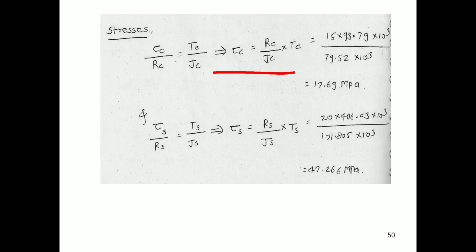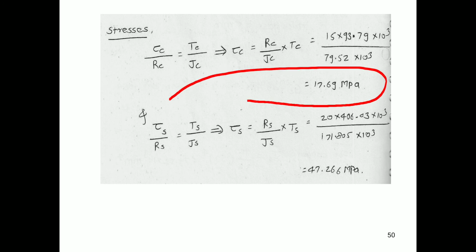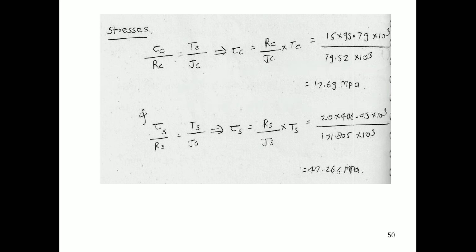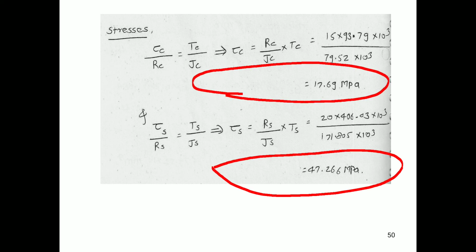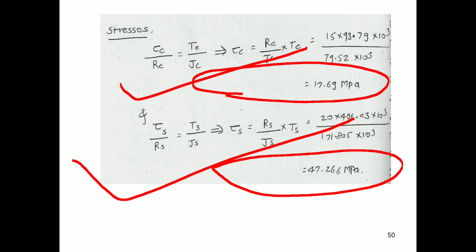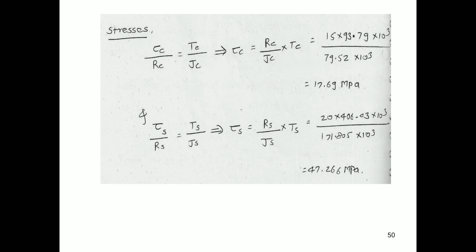On putting in all the values we have calculated, the stress in copper is 17.69 MPa, and the stress in steel is 47.266 MPa. This is the shear stress in copper and this is the shear stress in steel. In this manner, by considering the two governing equations, we have found the shear stresses in both the shafts.